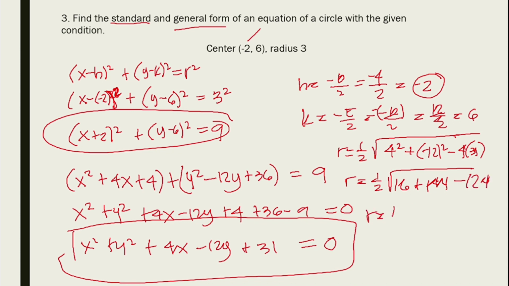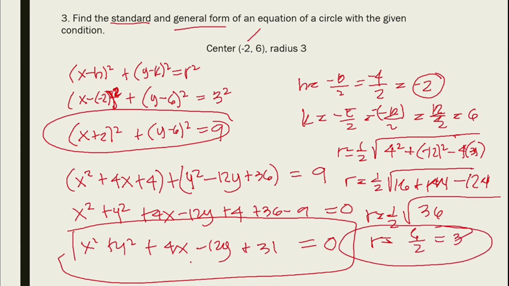So our r is 1/2 the square root of 160 minus 124, that is 36. So r is the square root of 36, that is 6, divided by 2, that is 3. Therefore, the equation is correct, and this is the standard and general form equation of a circle.